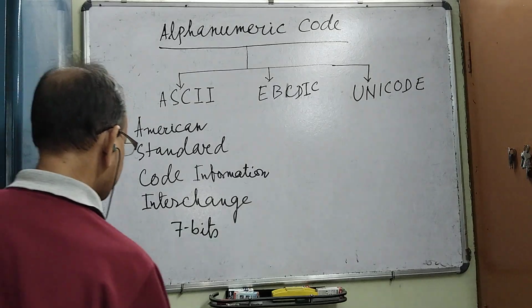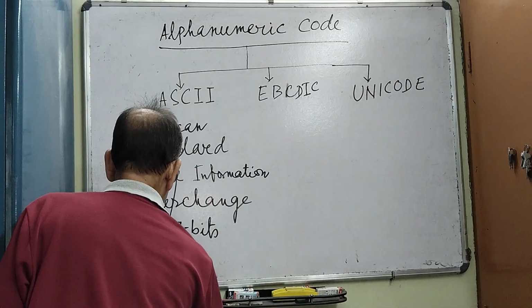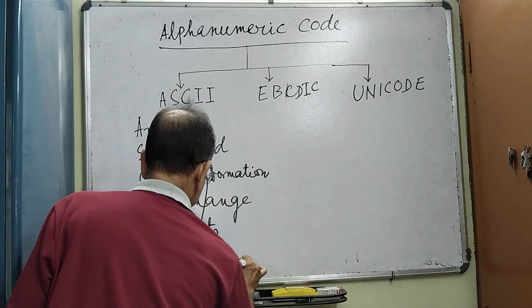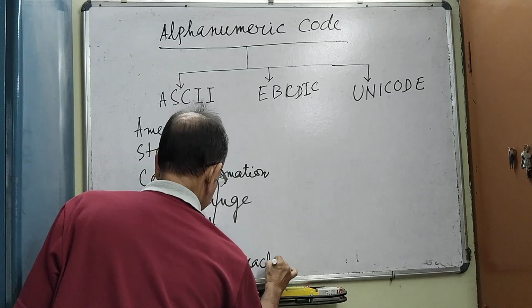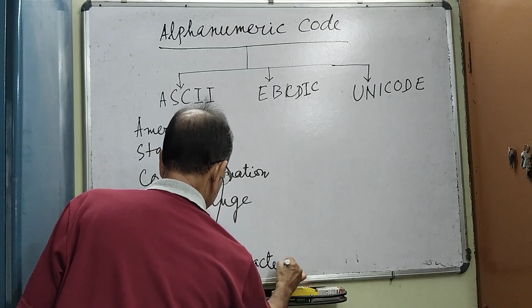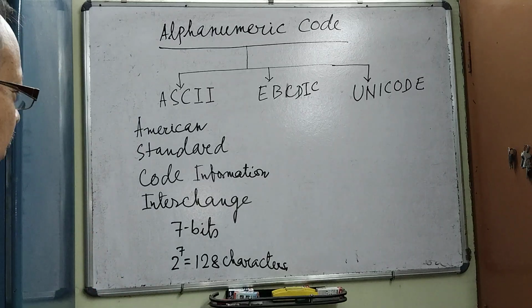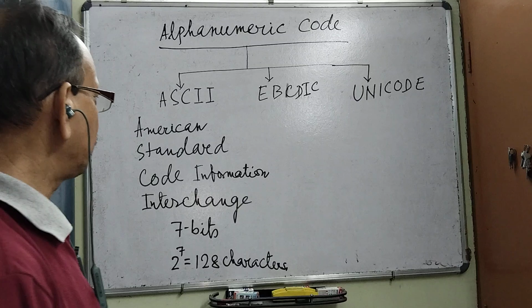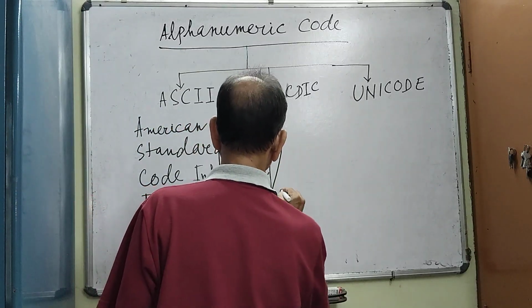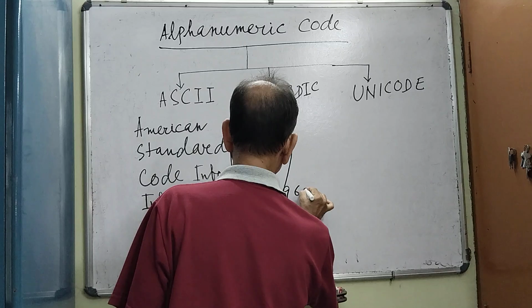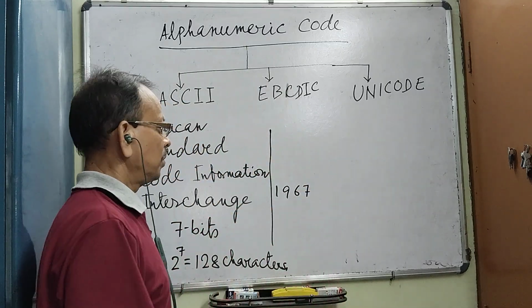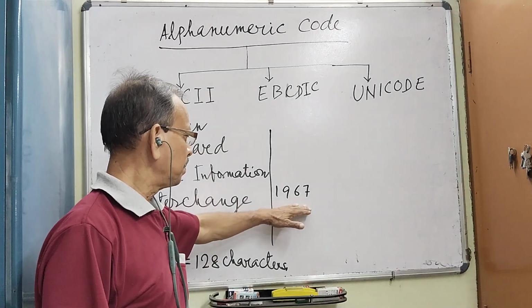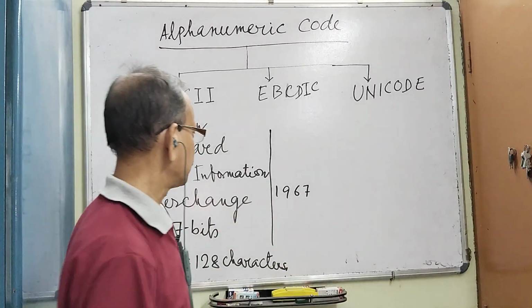So how many characters? 2 to the power 7 means 128 characters. Only 128 characters. This code was developed in 1967, mainly for the English language.